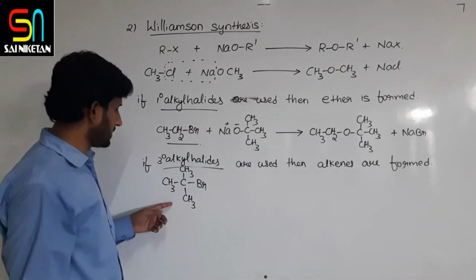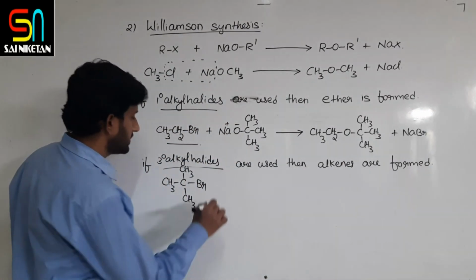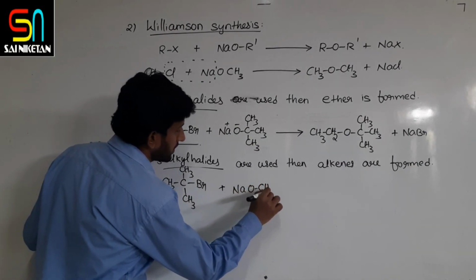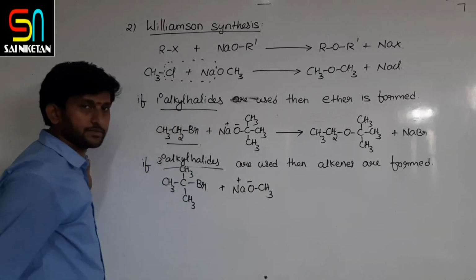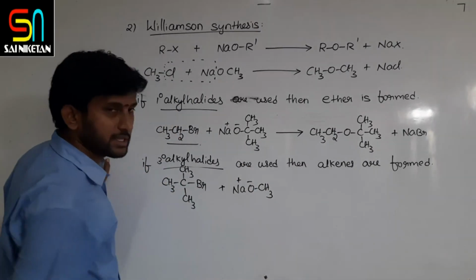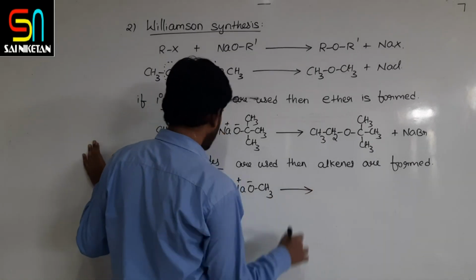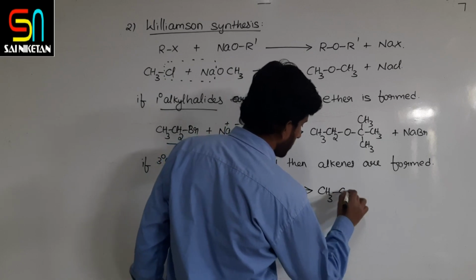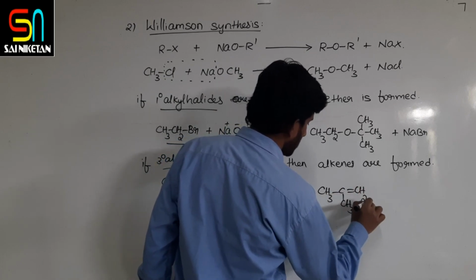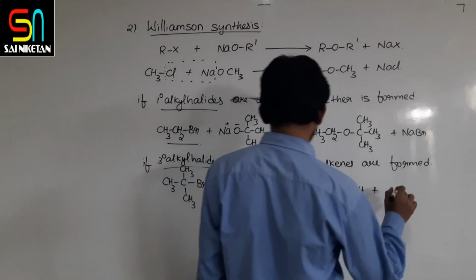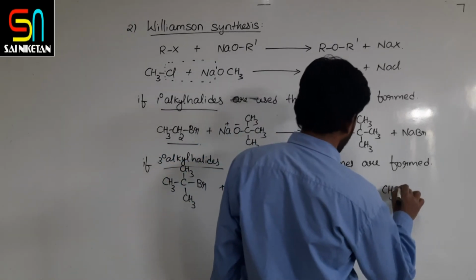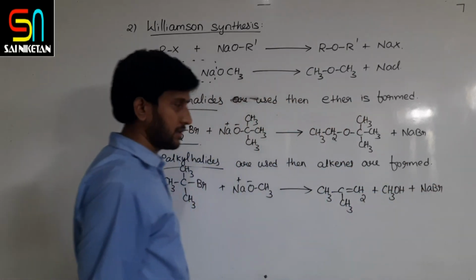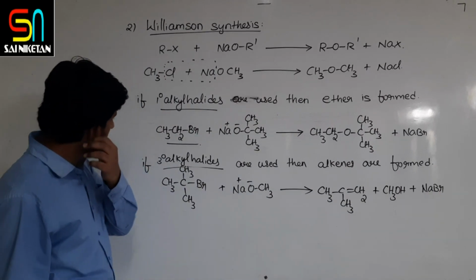Now, see, this is tertiary butyl bromide. If you take this in the presence of sodium methoxide, what will happen in this reaction? You will get propene plus methanol plus NaBr. So you observe this.